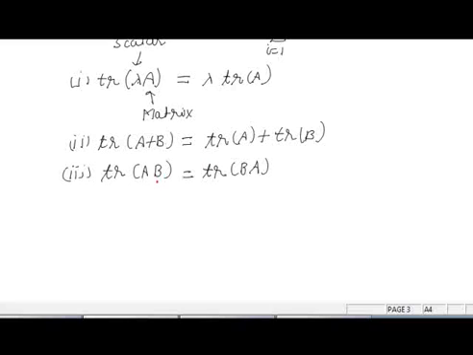One important thing to note here is that the product of two matrices AB may not be equal to BA, but the trace of these two matrices will be the same.